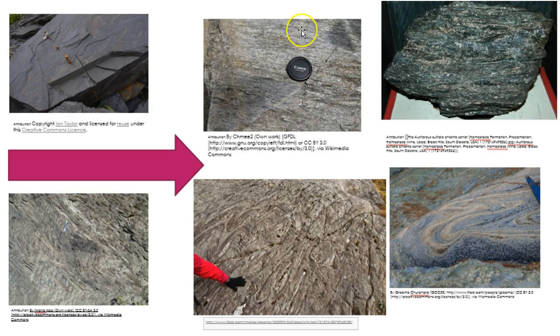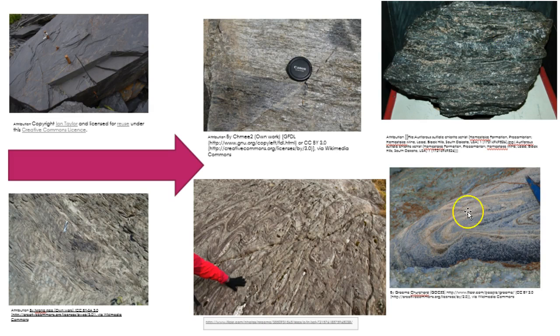Now notice with all of these you can actually see these distinct lines and layers in here. We call this foliation. That's because a lot of the minerals, any of the minerals that are similar, will actually tend to line up as they're put under heat and pressure and form these little layers called foliation.